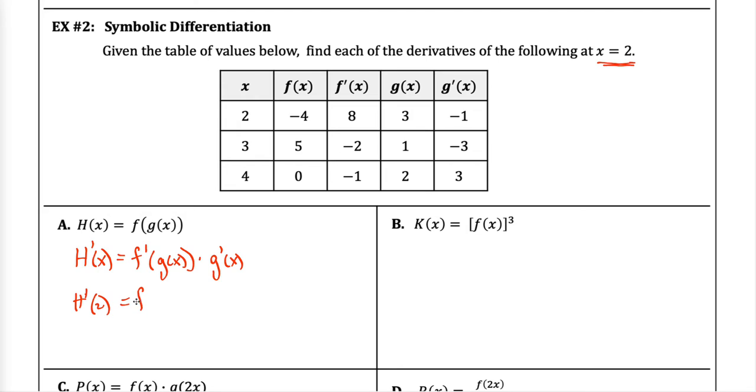Good. g of x at 2 is 3, so f prime of 3, and then times g prime of x, which is -1. Okay. And then f prime of 3 was what? f prime of 3 is -2. Okay, perfect. Even the way you explained that was honestly pretty good because it's difficult to try to explain this one without writing anything.